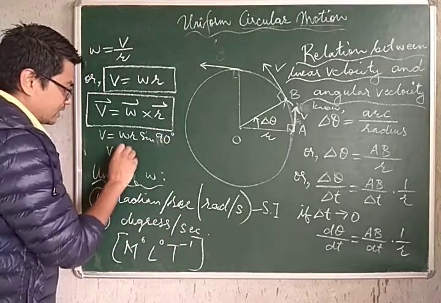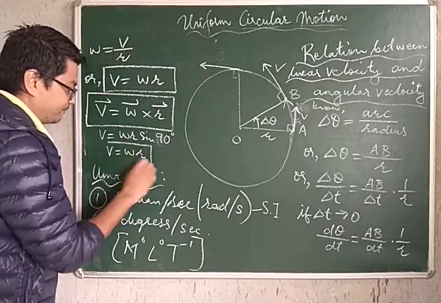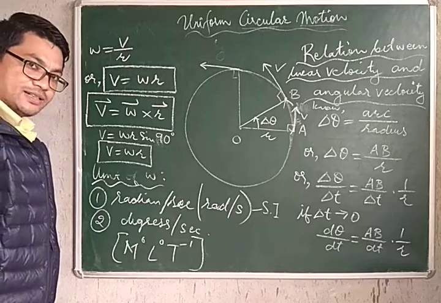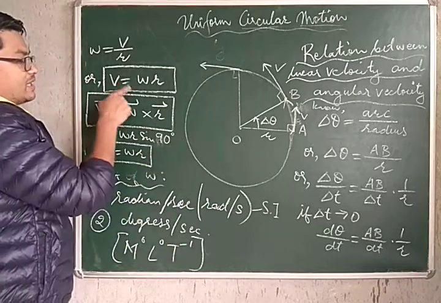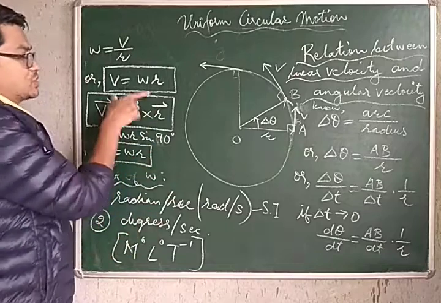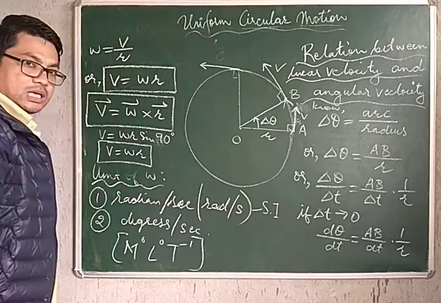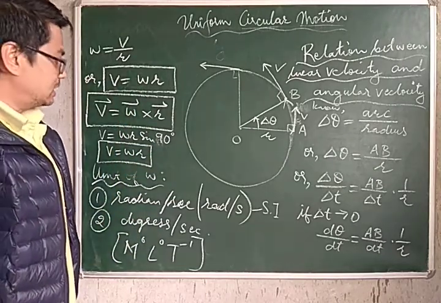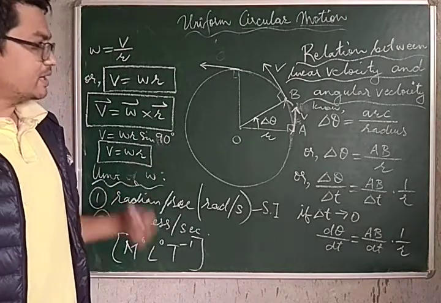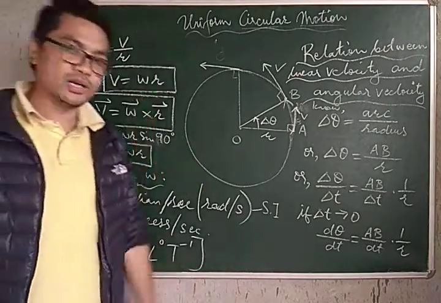So therefore we get omega r. Are you understanding? So V is omega r is the scalar form or scalar relation between velocity and your angular velocity. So this is about the introduction to uniform circular motion.